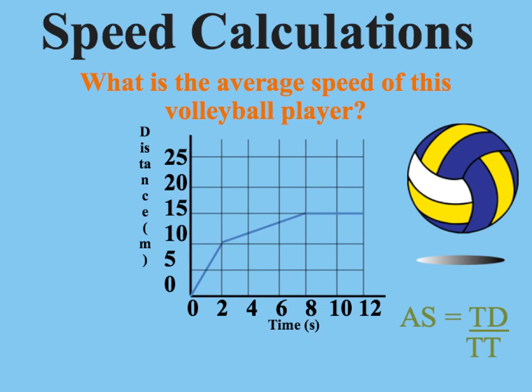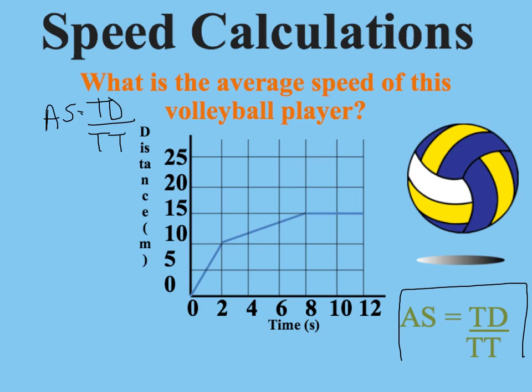And our final speed calculation is using the second formula that we looked at a little while ago, and that was the formula for average speed. Let's try this again. Average speed equals the total distance divided by the total time.